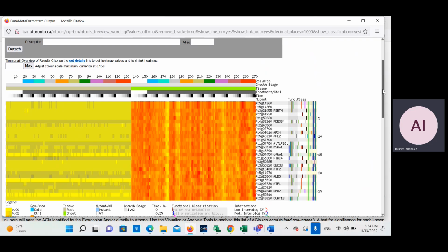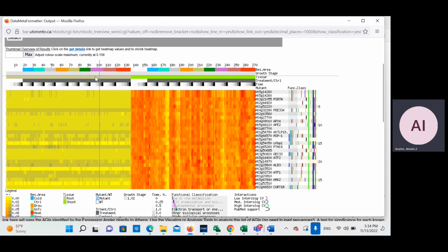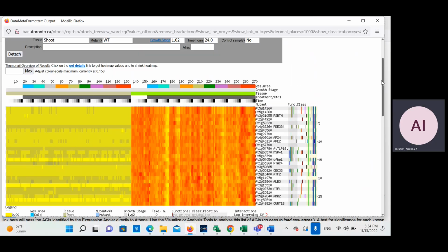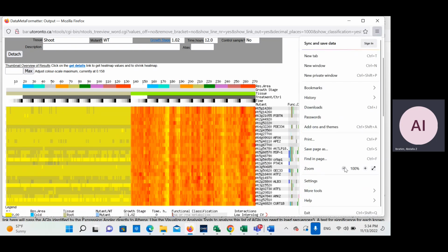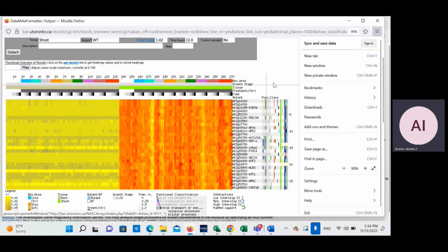So two things we want to look at here. This figure looks like it's highly expressed in this right part of the figure. And what that tells me, well, you could see that tissue right here, all of this green, this is actually the shoot, right?